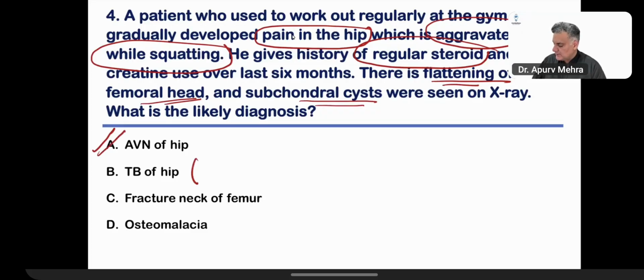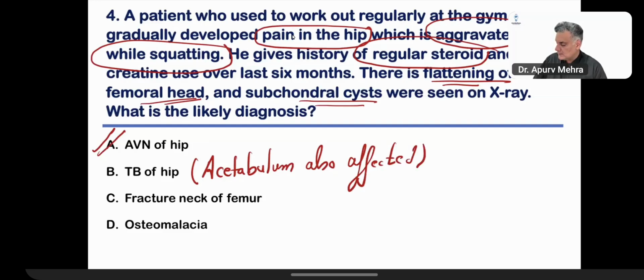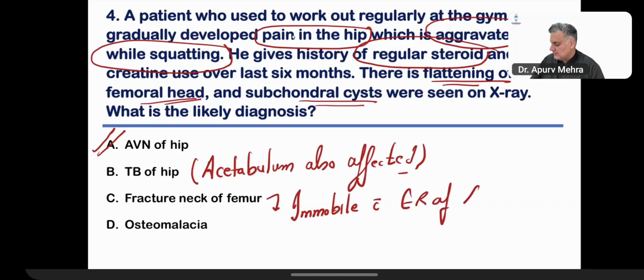In TB hip, the acetabulum also is affected. In fracture neck of femur, the patient will be immobile in bed with external rotation of the lower limb. Osteomalacia will not present like this.